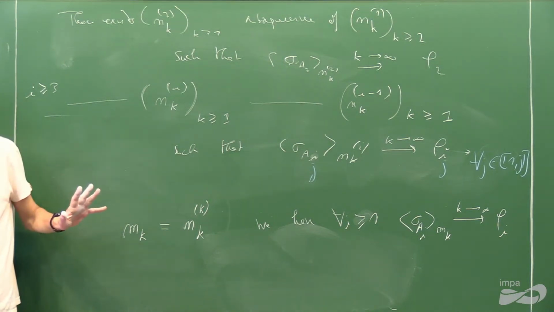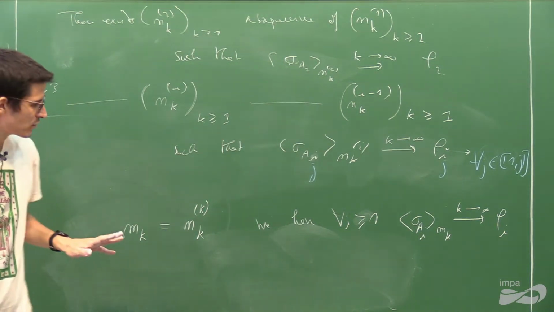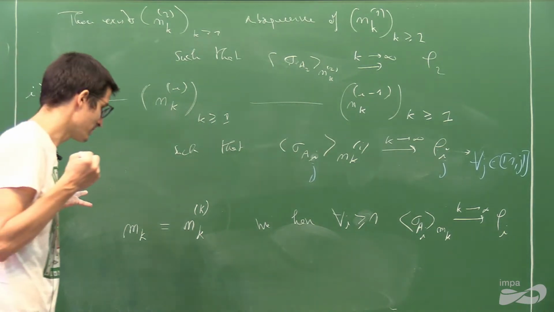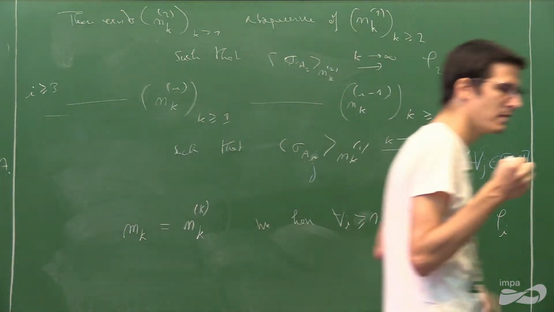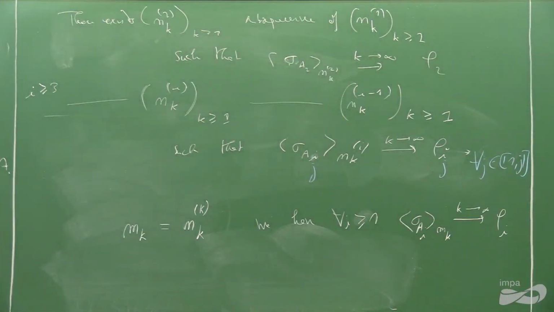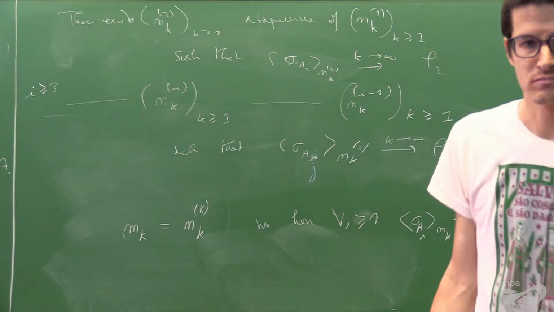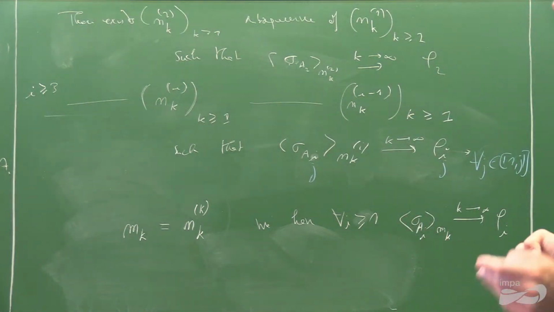I cannot say anything about the first i minus one values, but they don't really matter for this convergence. Okay, and then you have convergence for every local function just by linearity.